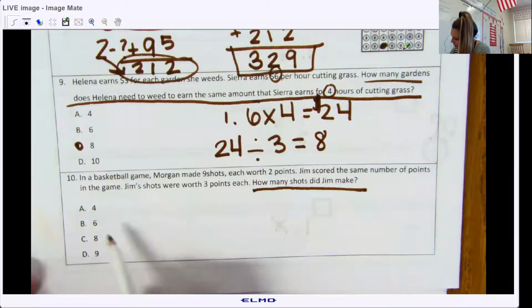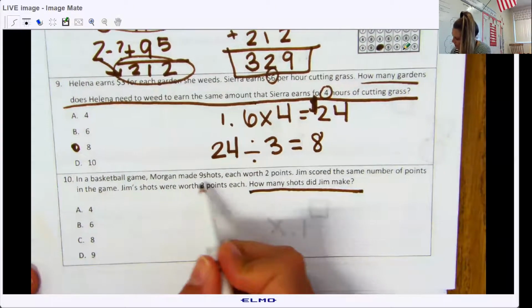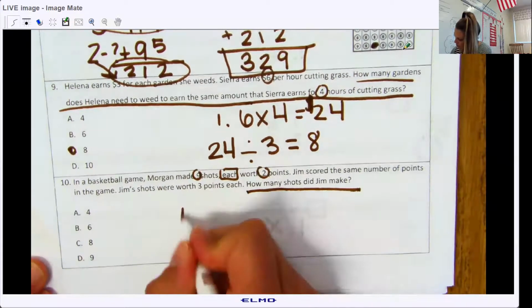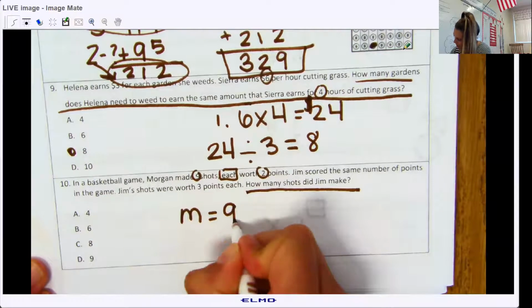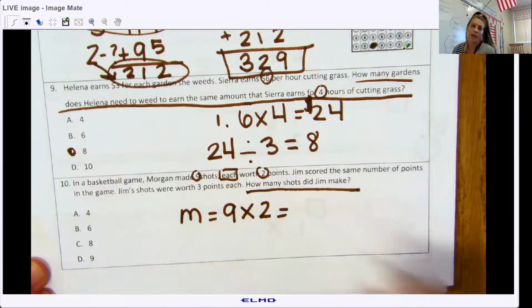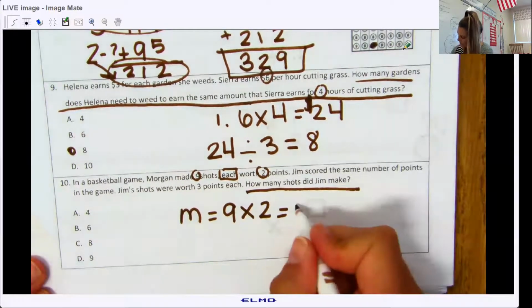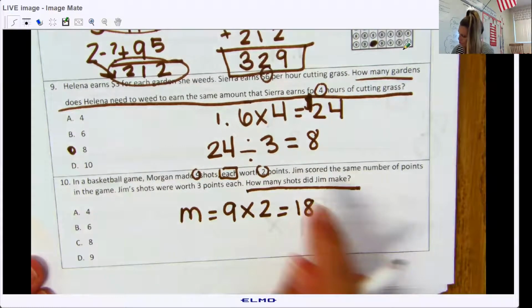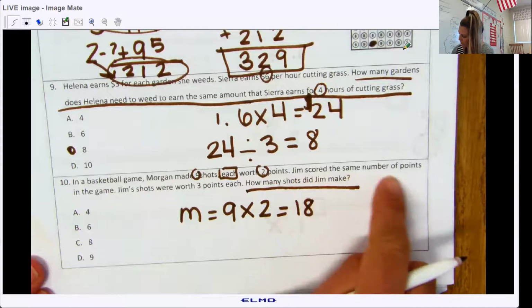All right, well, let's see. Morgan made 9 shots, each worth 2 points. So we know Morgan had how many points? 18, right? But Jim scored the same number of points.